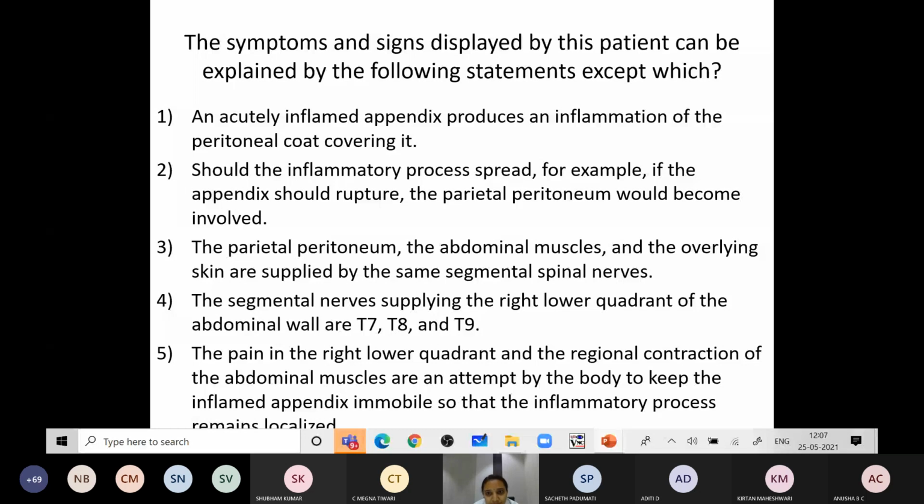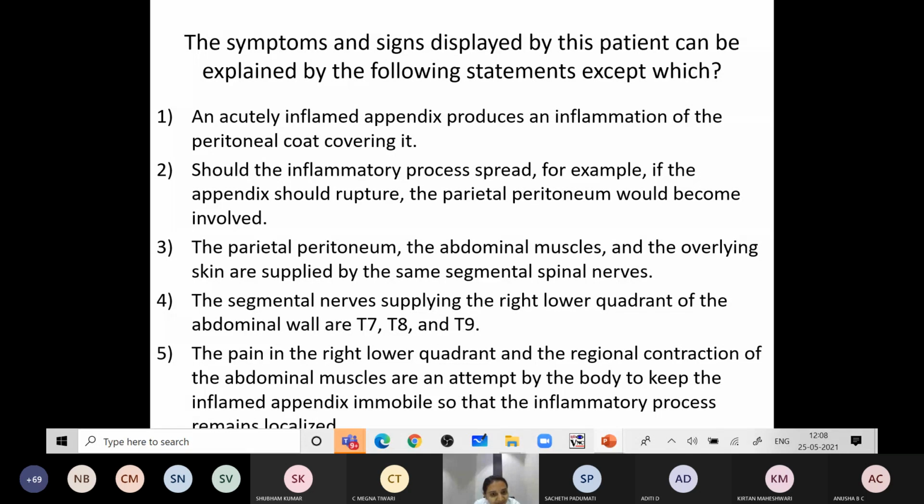So, which is the wrong option? Fourth one, correct.